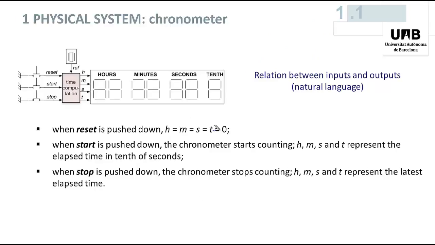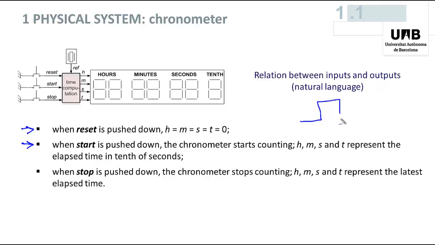In this example, the relation between inputs and outputs is defined in natural language. First rule: when reset is pushed down, then the output signals H, M, S, and T must be equal to 0. Second rule: when start is pushed down, the chronometer starts counting, adding 1/10 of a second at every positive edge on the reference signal.